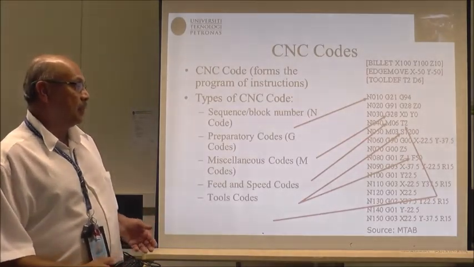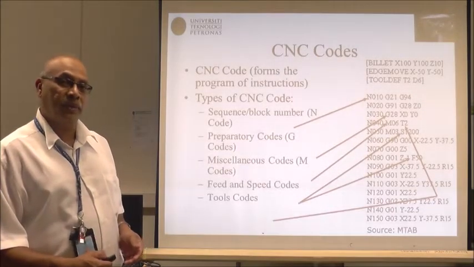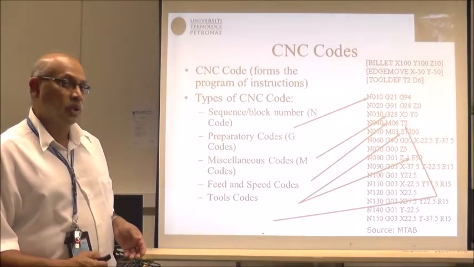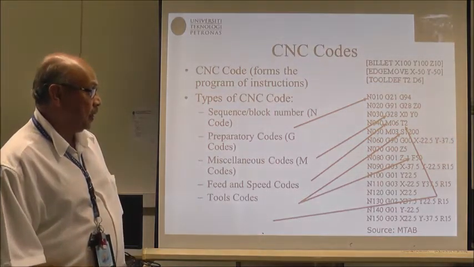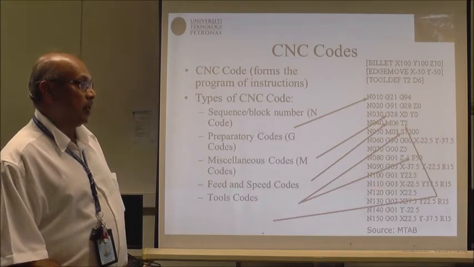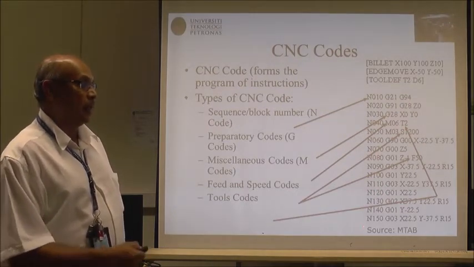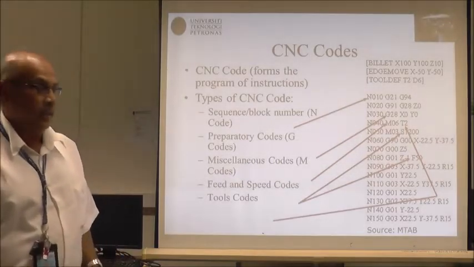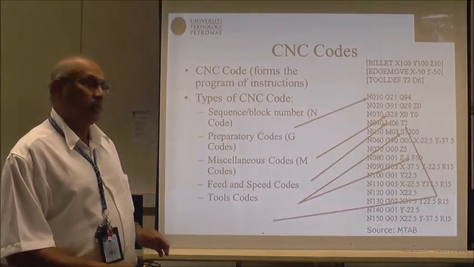But with the line number, if I say look at line number N110, the X minus 22.5 is a problem, so your eyes will go straight to the line number and the X minus 22.5. So this is sort of like the line identifier. So it's good for your program to have line numbers.